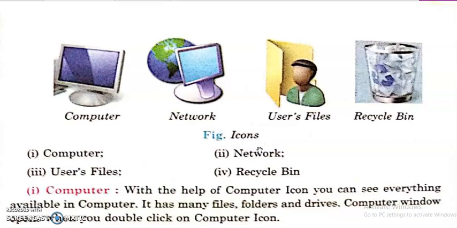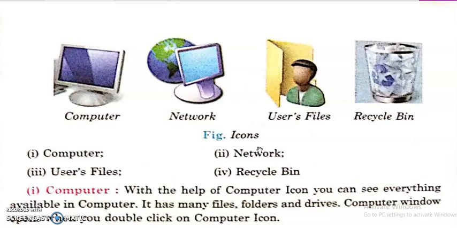Finally we have the Recycle Bin, and the Recycle Bin is a location where all the deleted files are stored temporarily. Even if we delete anything from a computer, it will not delete that file, folder or any object from the computer permanently.